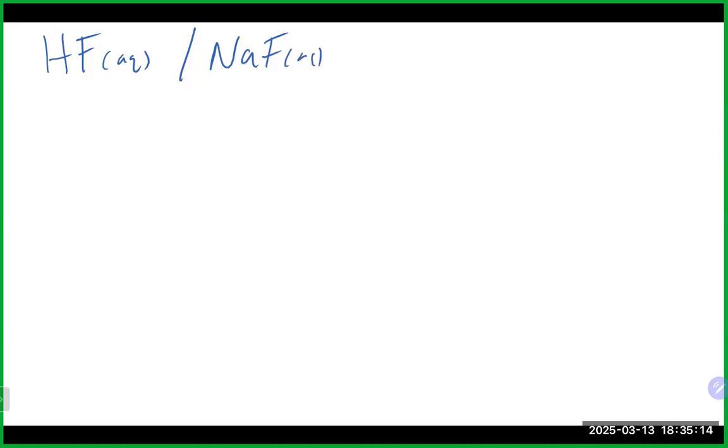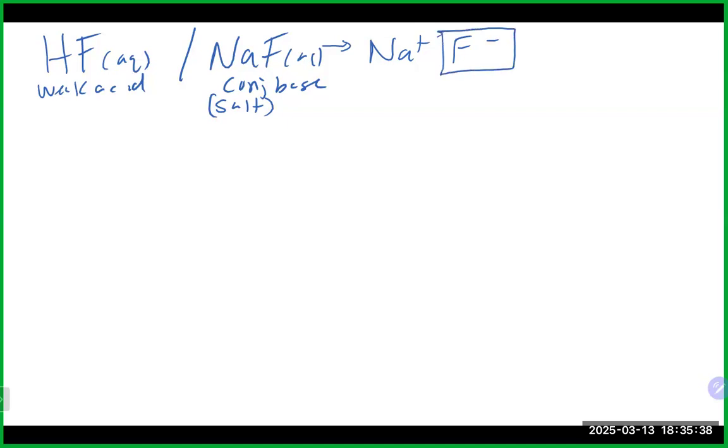And this is a buffer because this is a weak acid and its conjugate base. And really, this is the salt of its conjugate base. And in terms of the sodium fluoride, it is a salt, which means it's really sodium ions and fluoride ions. And which part of that is actually the buffer part? It's the fluoride ions, yeah.